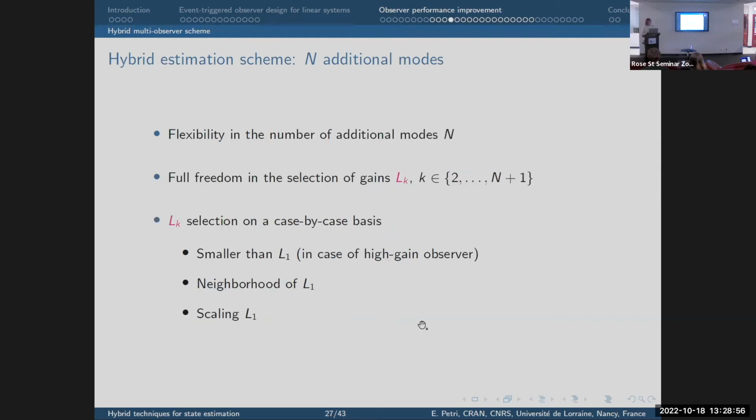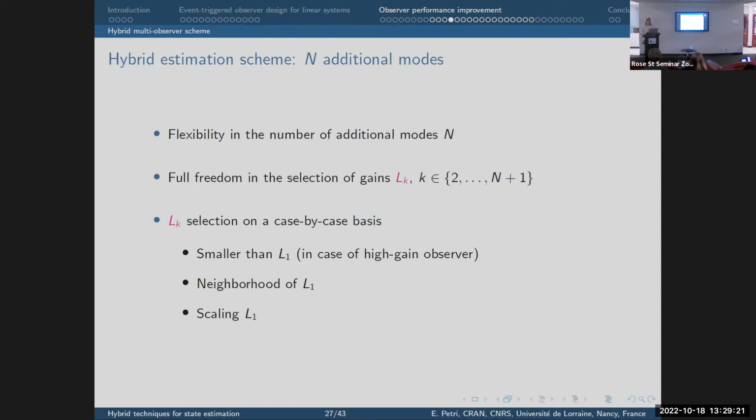And we have a lot of flexibility in the number of additional modes that we add in parallel to the nominal observer. And we have also full freedom in the selection of their gains. Therefore, a question that may arise is how to select these gains. And we are still investigating that, but we believe that this should be done on a case-by-case basis because it's highly dependent on the structure of the nominal observer.